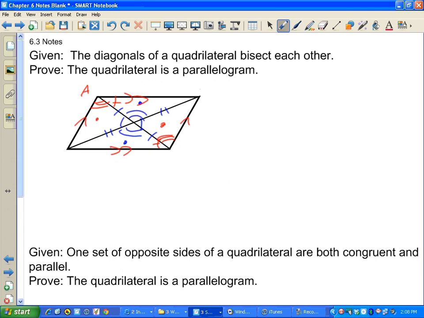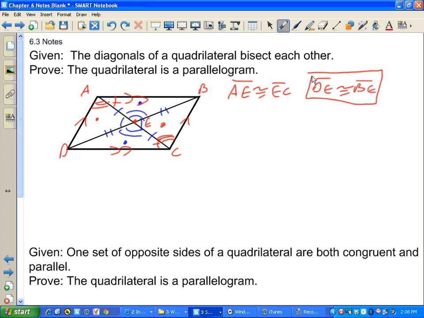So put some letters in here. And you're going to need this middle one, okay, so we'll call that E. And you're starting with AE congruent to EC. And you're also starting with DE congruent to BE.